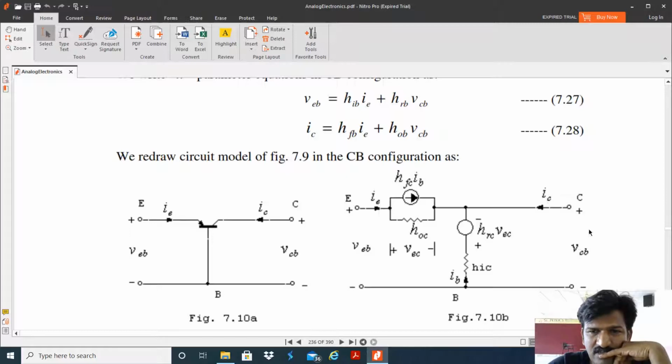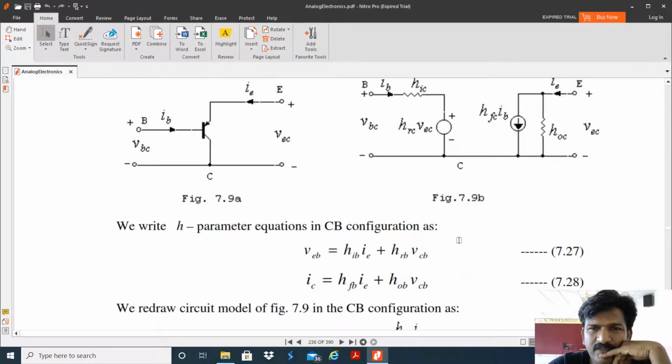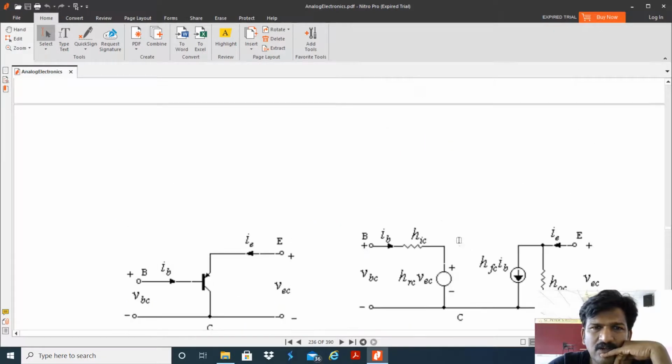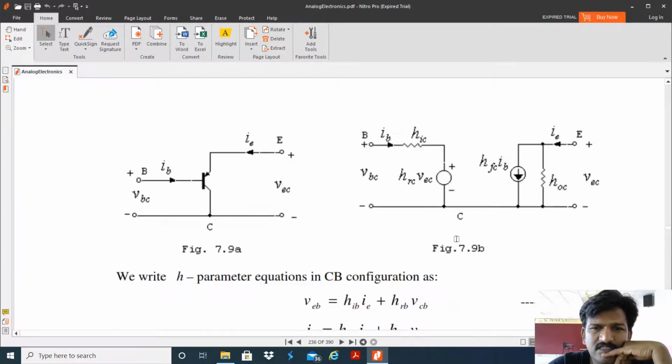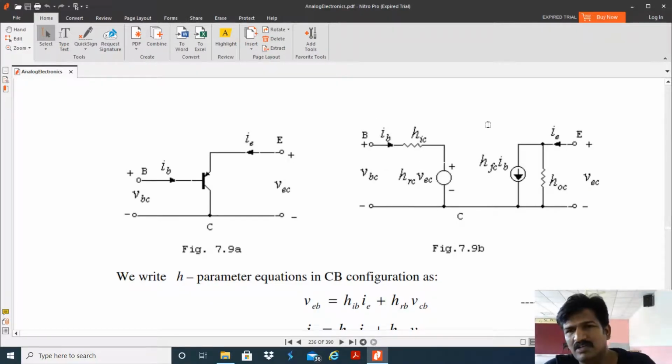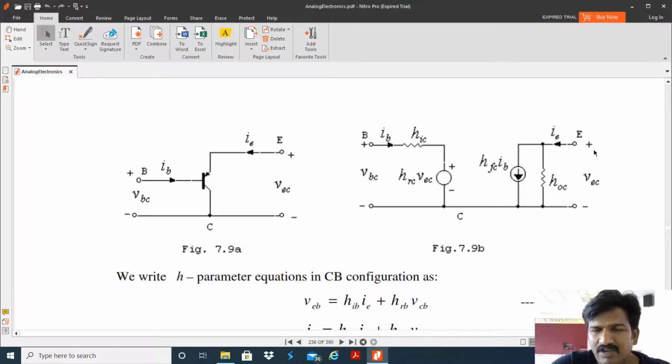So for this, what is the equivalent H parameter model? Understanding this is very important. Here you can see the CC configuration model. Then you have to convert the 7.9B figure to the CB configuration.